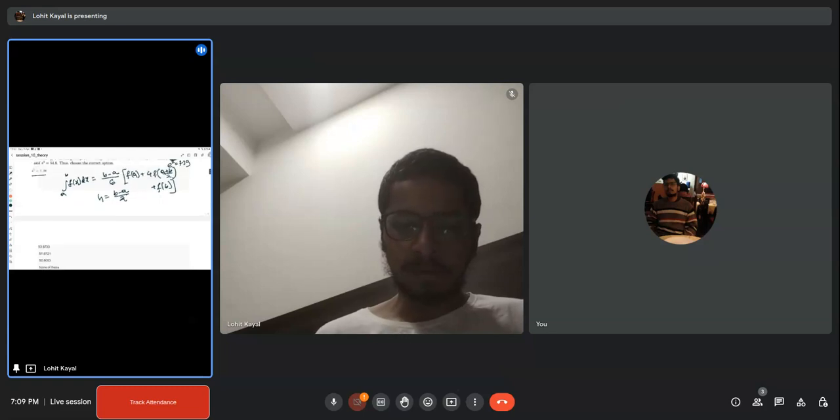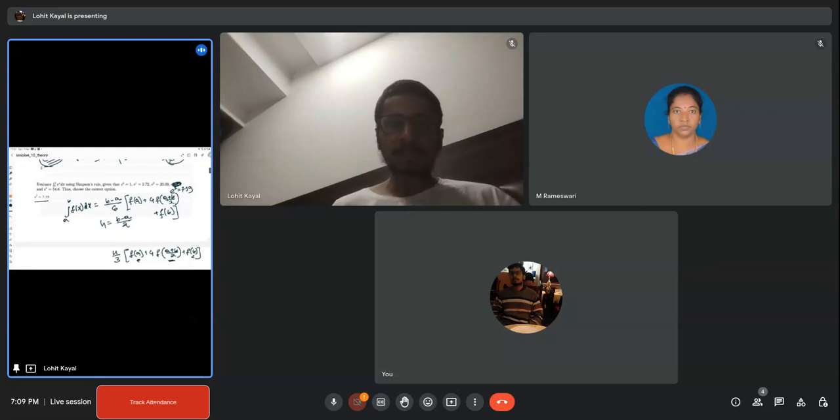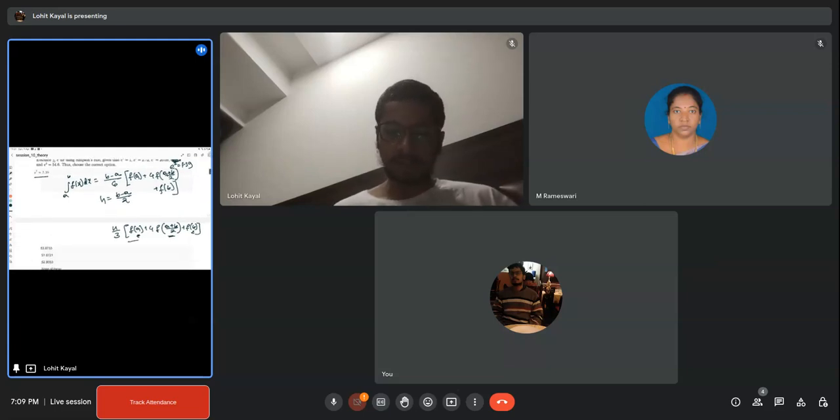So in general the formula is h by 3 times f(a) plus 4 f((a plus b) by 2) plus f(b). Here f(a) is the starting point, b is the ending point, and (a plus b) by 2 is an intermediate point. This is the formula for the two segment Simpson one-third rule.